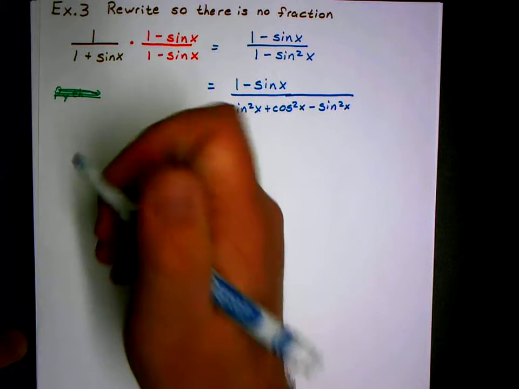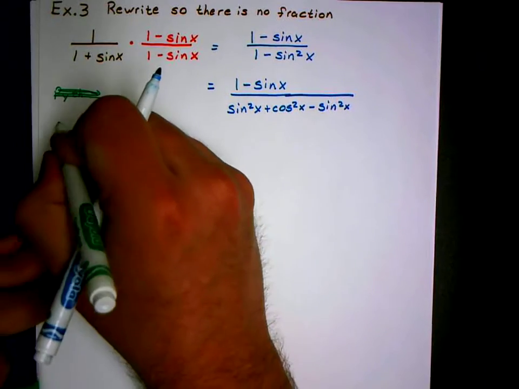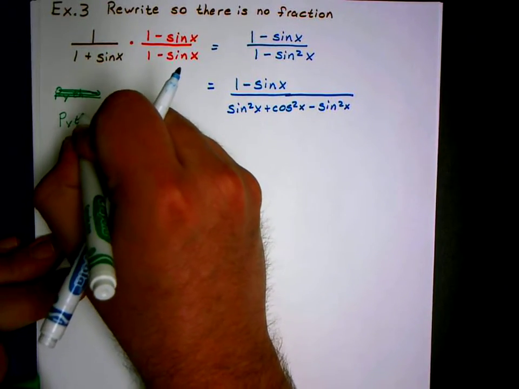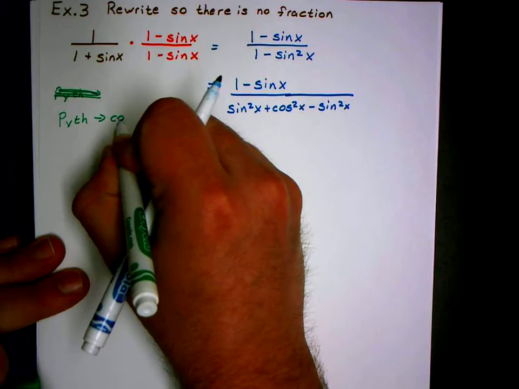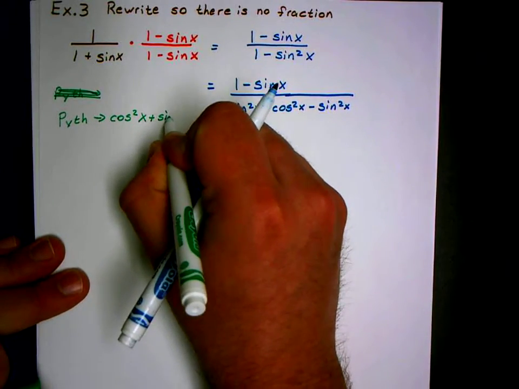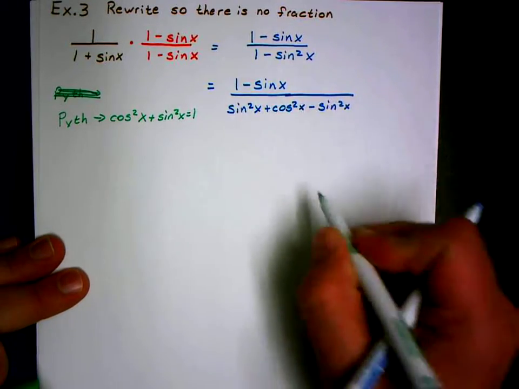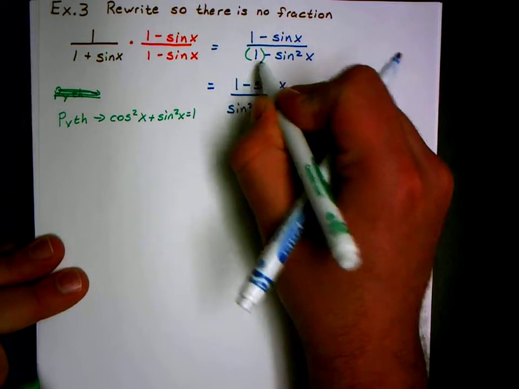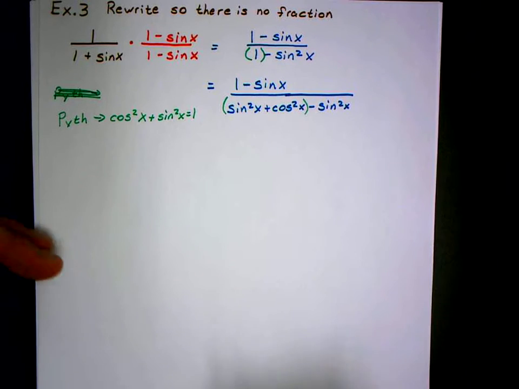Right? Pythagorean says cosine squared x plus sine squared x equals 1. So I took the 1 and I replaced it with that.